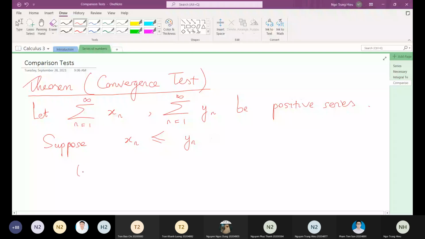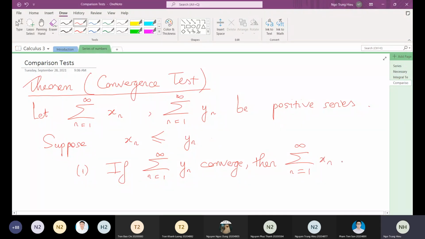So if the second series converges, then the first series converges. You can think of the first series as a small series and the second series as a large series. If the large series is finite, then the small series is also finite.